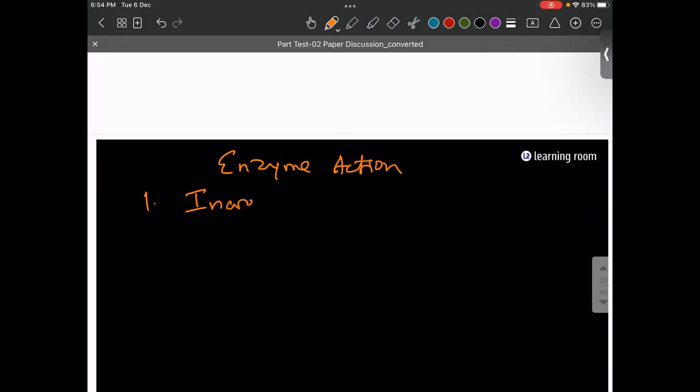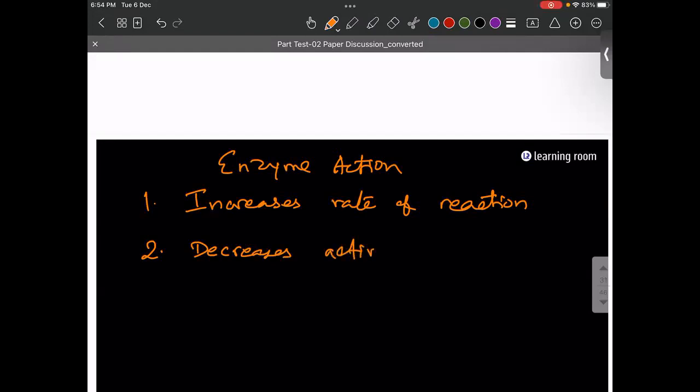It increases the rate of reaction. What is called rate of reaction? The speed of the reaction. That's why they are called biocatalysts. And then it decreases activation energy. Okay, decreases activation energy.